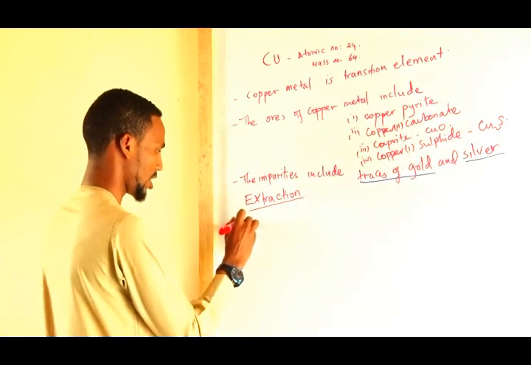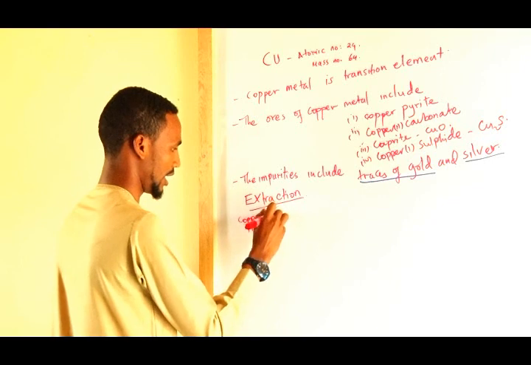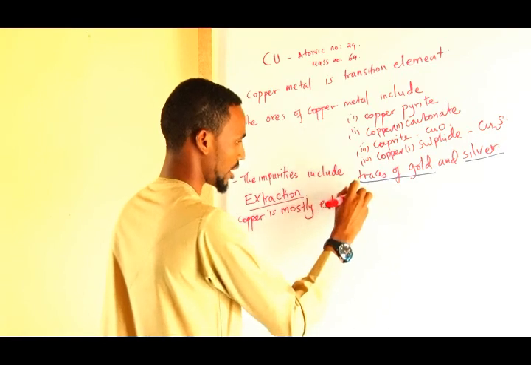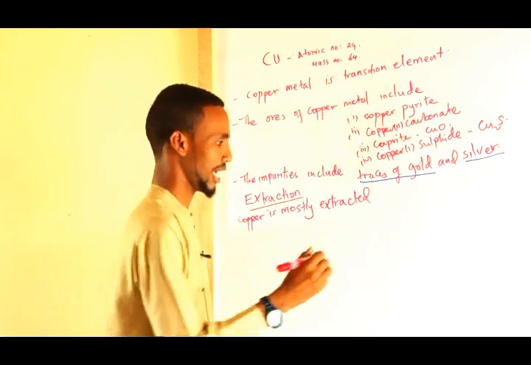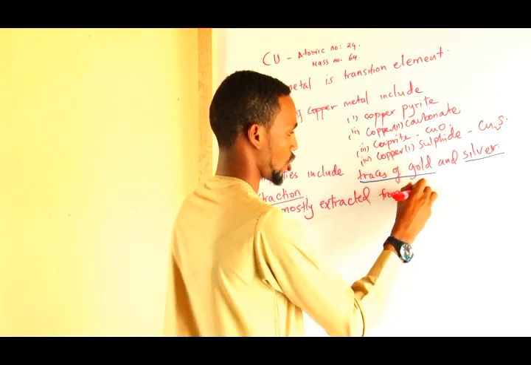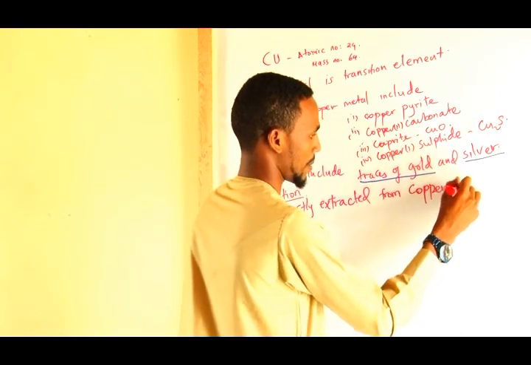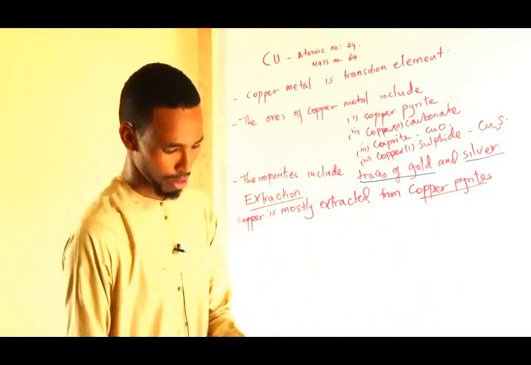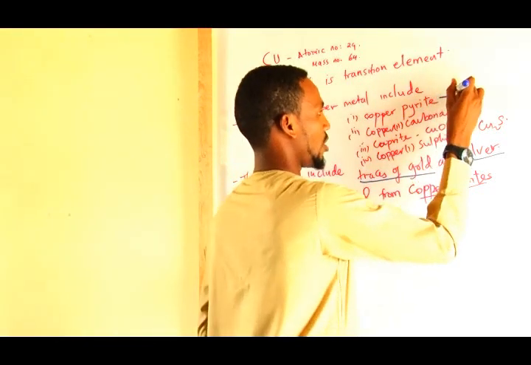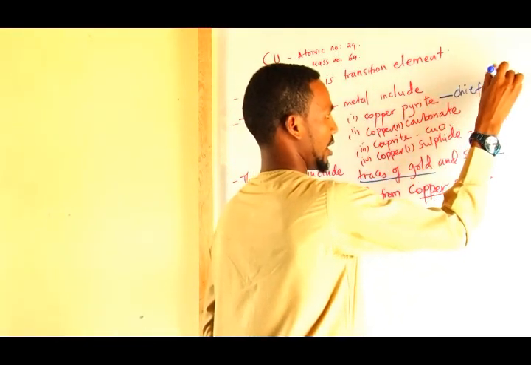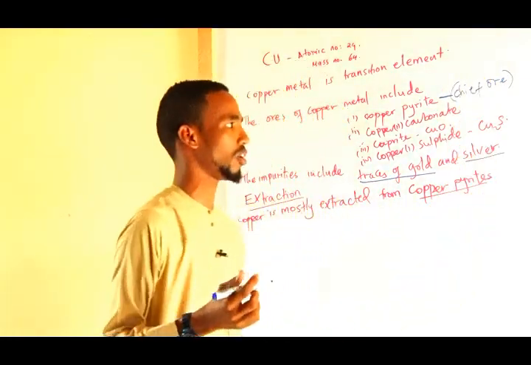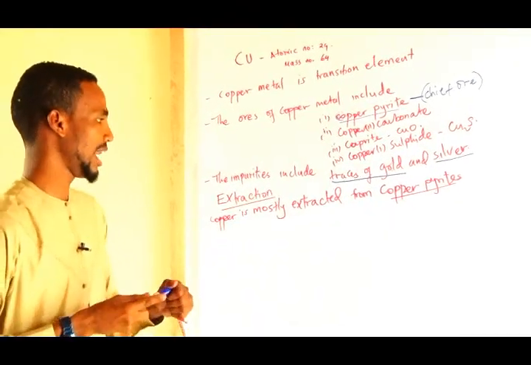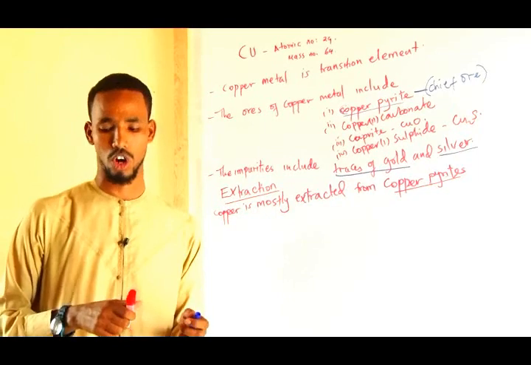Copper is mostly extracted from copper pyrite, the chief ore. If you are asked, the chief ore is called copper pyrite.